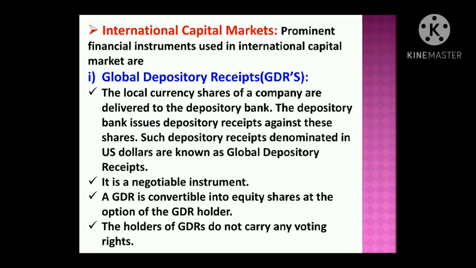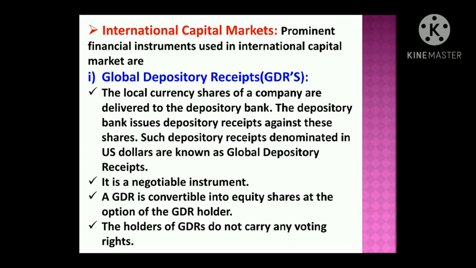Though some companies have issued GDRs in British pounds and euros also, Indian companies have issued GDRs in US dollars. And GDR is a negotiable instrument and it can be traded freely like any other security. It is convertible into equity shares at the option of the GDR holder.